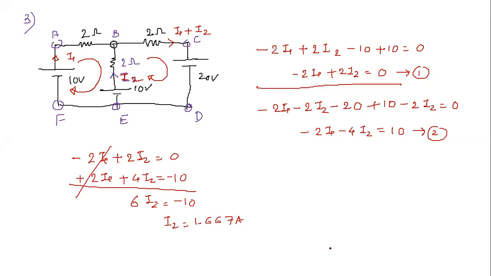Okay, yeah, minus 1.667, fine. So when you put this in one of the equations, what will you get? What will be the I1? How much is that, ma'am?